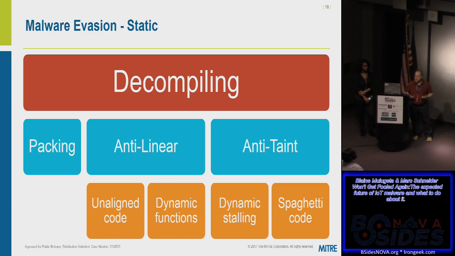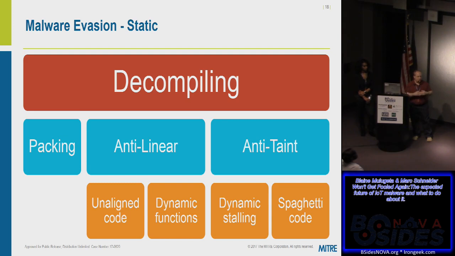The other technique I mentioned for static was decompilation. I mentioned the idea of packers. Anti-linear and anti-taint are two other classes of malware evasion. For example, an idea of anti-linear would be the actual image is misaligned in memory, so that if you try to run some sort of analysis on it, try to decompile it, it's not going to make sense because, let's say, your processor expects everything on 32-bit boundaries, but you have stuff all over the place.